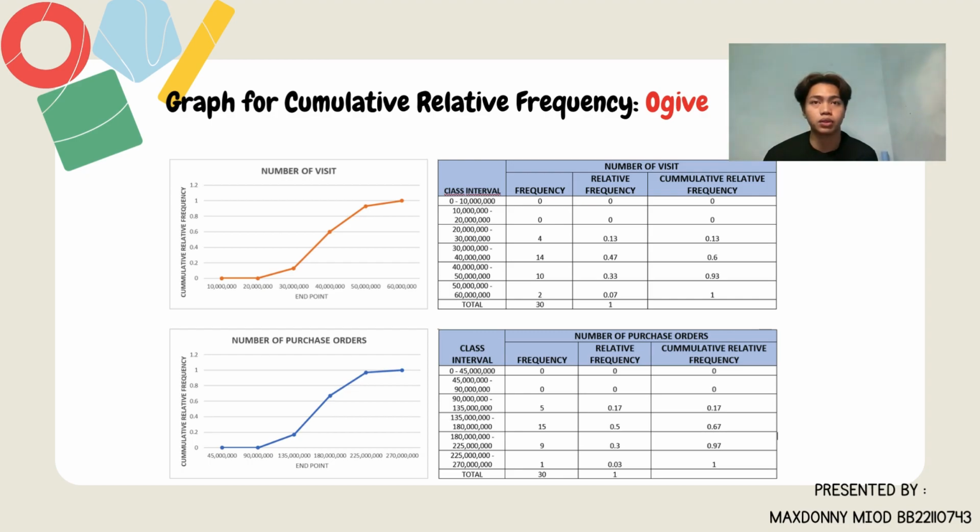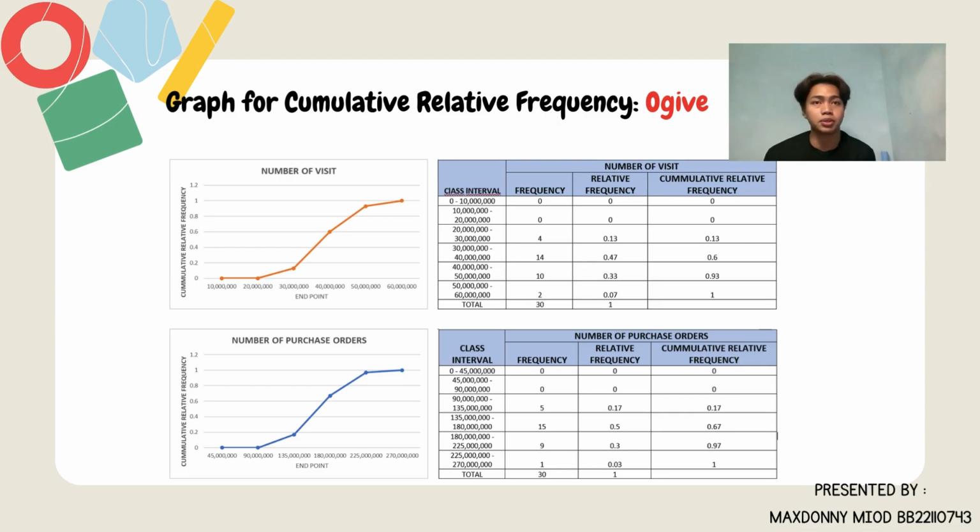The fifth class, 40 to 50 million, the relative frequency is 0.33, and we add the cumulative relative frequency 0.6, we get 0.93. For 50 to 60 million, the relative frequency is 0.07, we add the cumulative relative frequency 0.93, and we get 1.